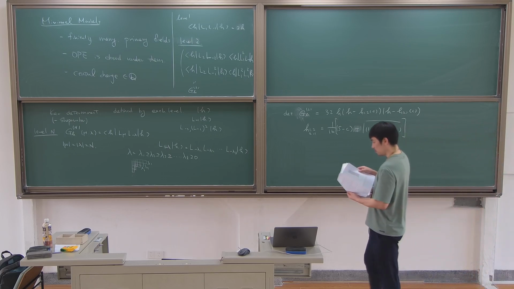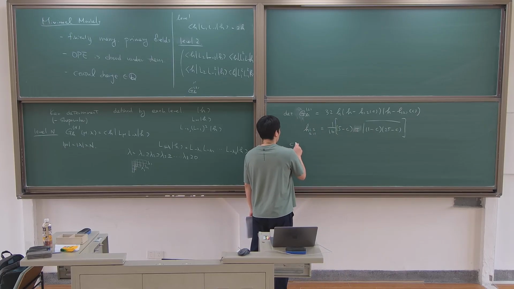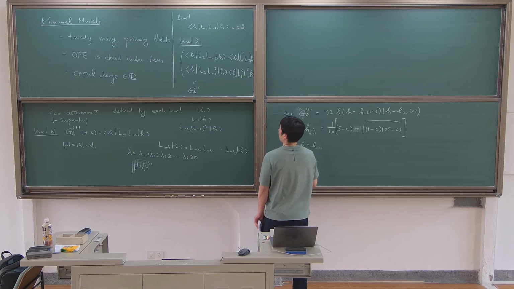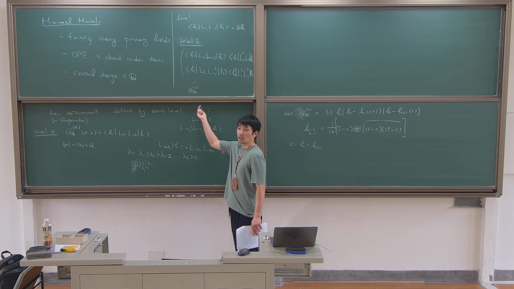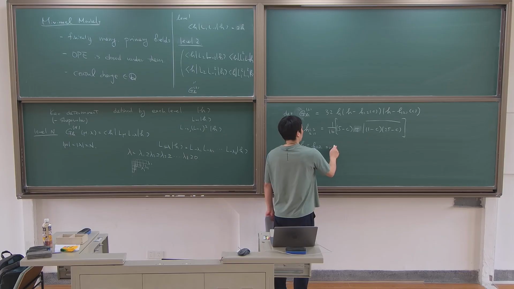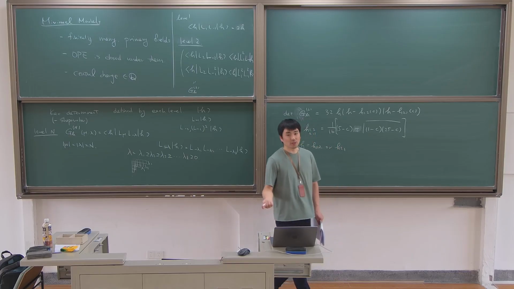Okay, so therefore, given the central charge c, if h is equal to h_{1,2}, so this primary field you start with has h_{1,2} or h_{2,1}, which means that the determinant is equal to 0.